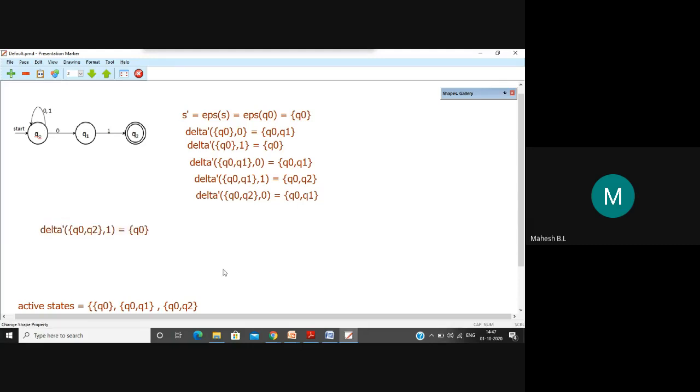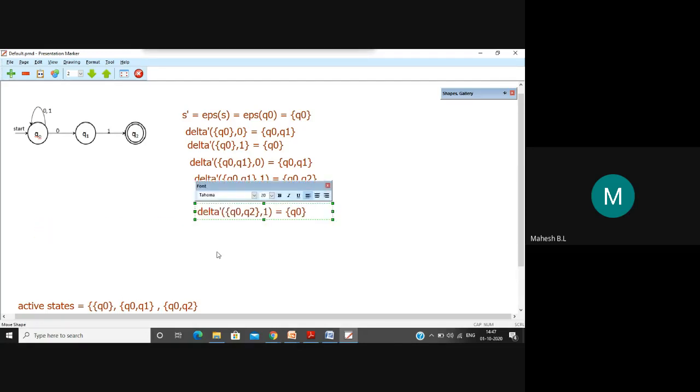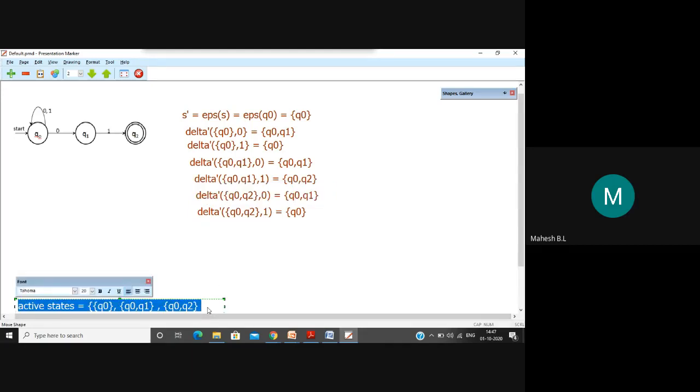So this is the transition. And as you can see, Q naught is already a part of active states. That's why this cannot be added to the set of active states. So now we have three states. One is Q naught, another one is Q naught, Q1, another one is Q naught, Q2.